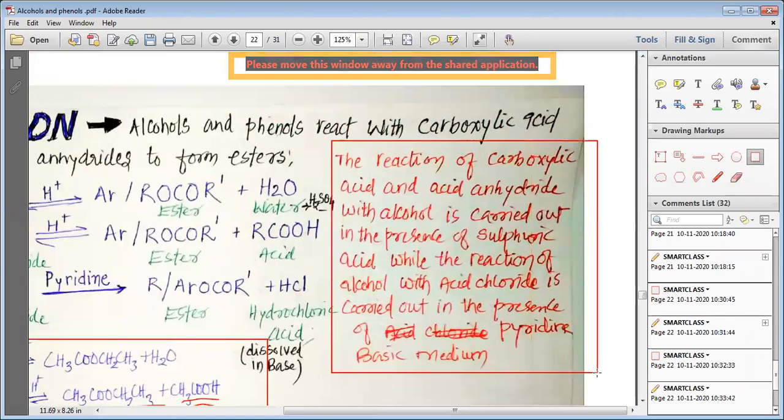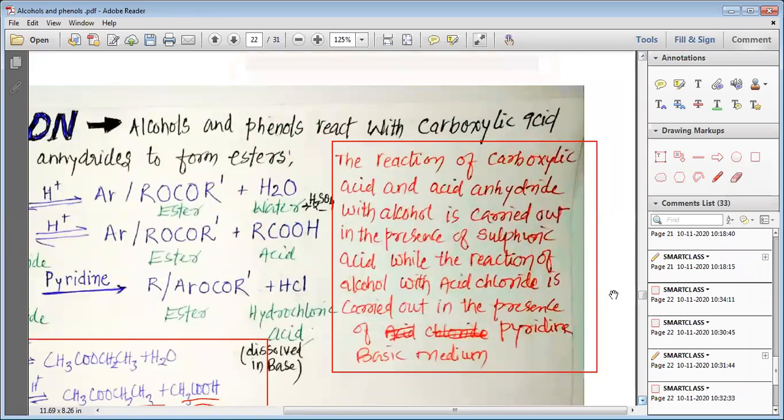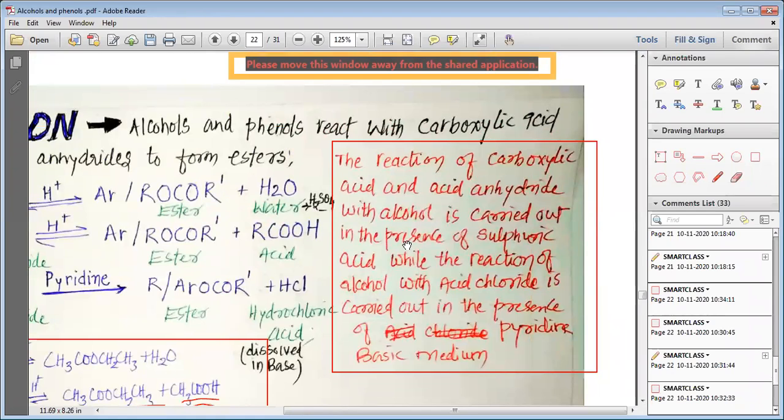A very important point I would like to bring to your notice, which I have written with the red pen: the reaction of carboxylic acid and acid anhydride with alcohol is carried out in the presence of sulfuric acid. Please remember.